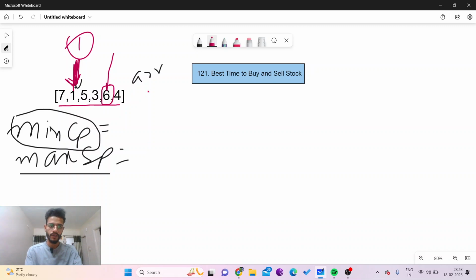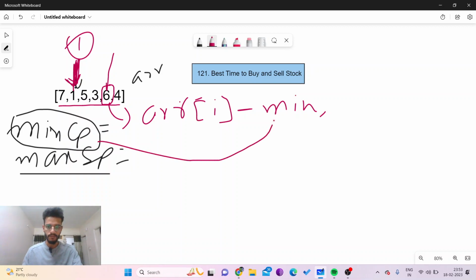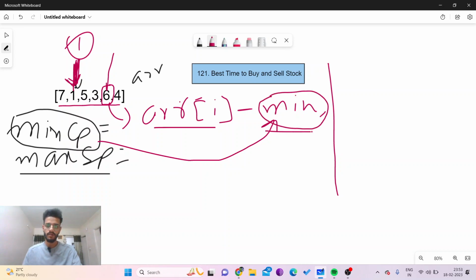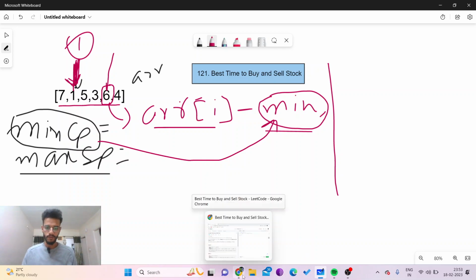The profit will be arr[i], the selling price, minus whatever minimum we have got so far. Because we are recording the cost price each time and keeping the minimum cost price, that minimum we will subtract. So the maximum minus minimum will give us the maximum profit. Got it? Let's do the coding part.